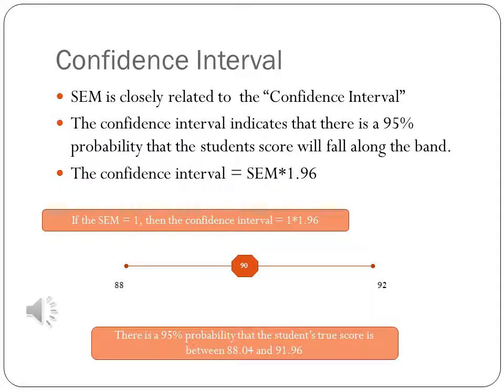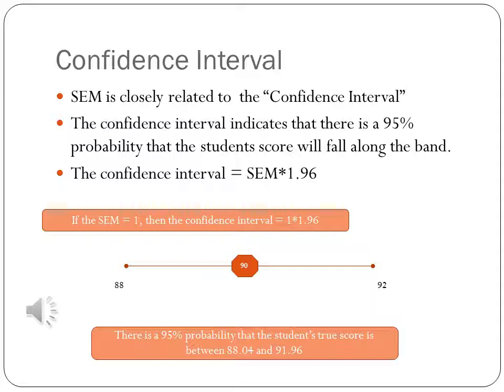The standard error of measure is closely related to another construct we call the confidence interval. The confidence interval indicates that there is a 95% probability that the student's score will fall along a certain band. The confidence interval is calculated by multiplying the standard error of measure by 1.96.